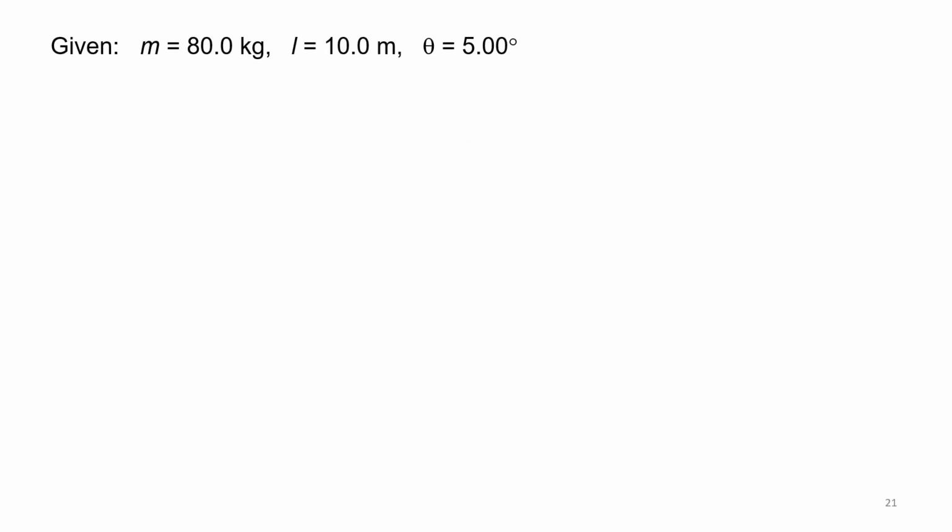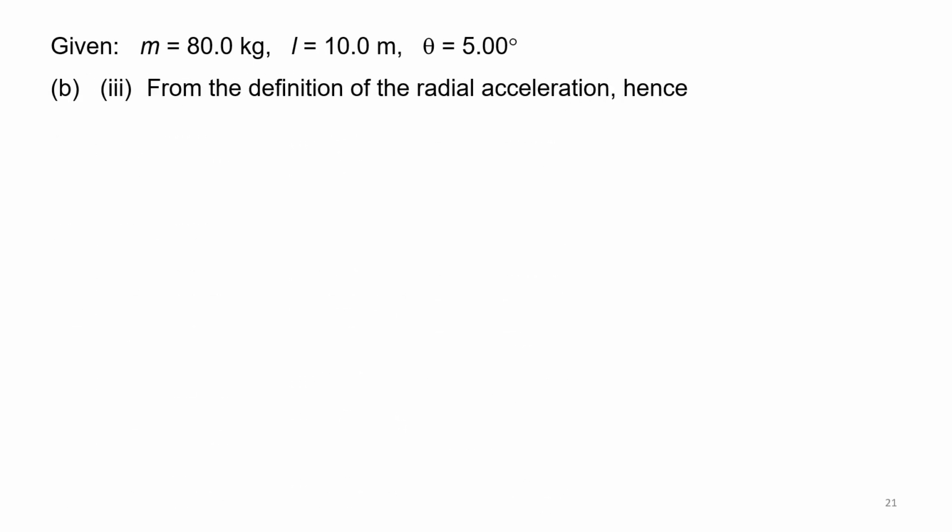Okay, last question, B3, to determine the radial acceleration. From the definition of the radial acceleration, which is AR is equal to V square over R. So we will substitute the expression of R here in terms of L. So V square over L sine theta. So substitute all the values.